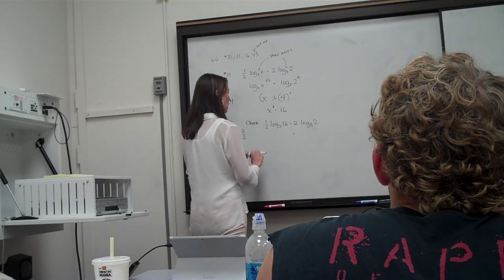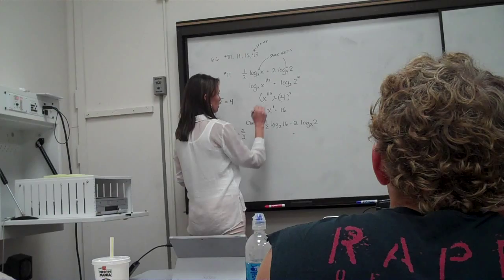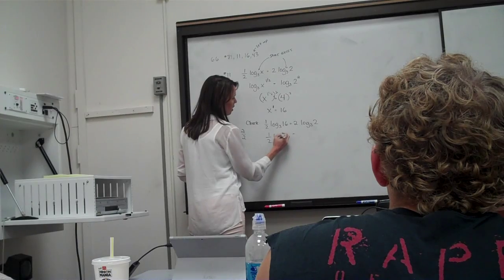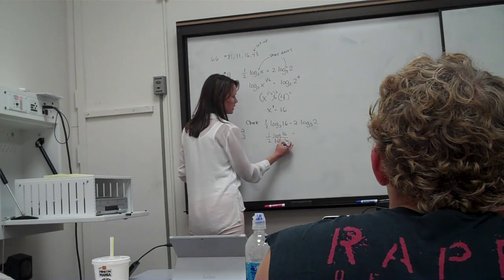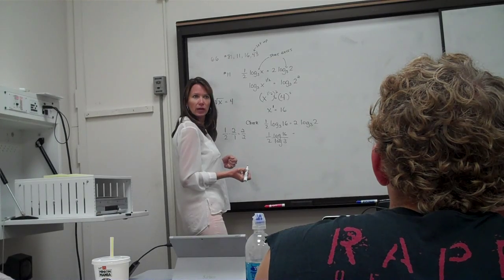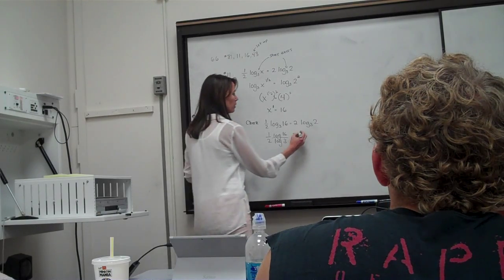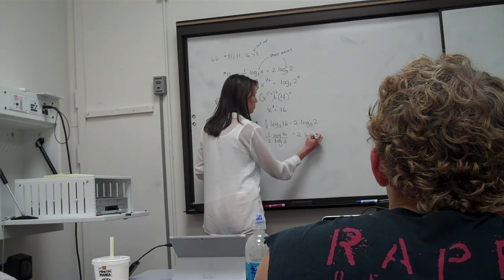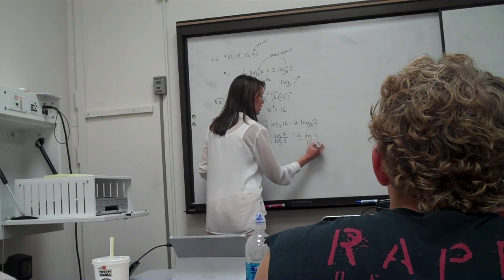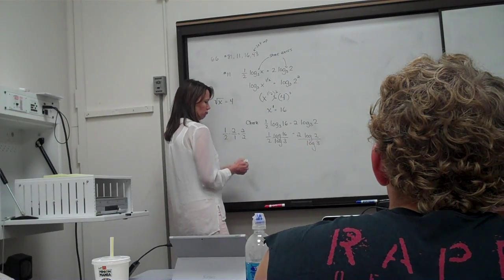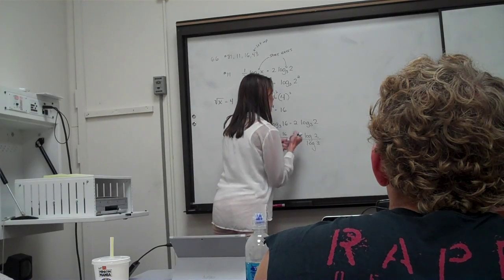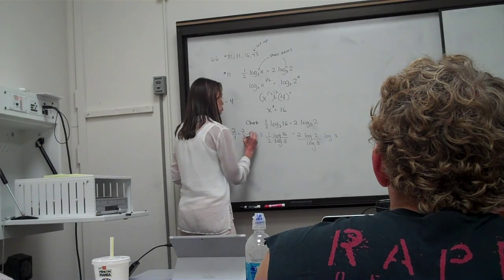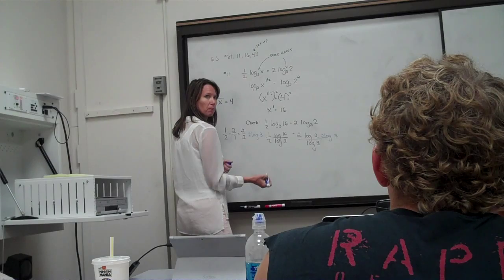This one is a little more difficult to check, but let's go ahead and do it. This would be log of 16 over log of 3, using the change of base formula. And this is 2 log of 2 divided by log of 3.